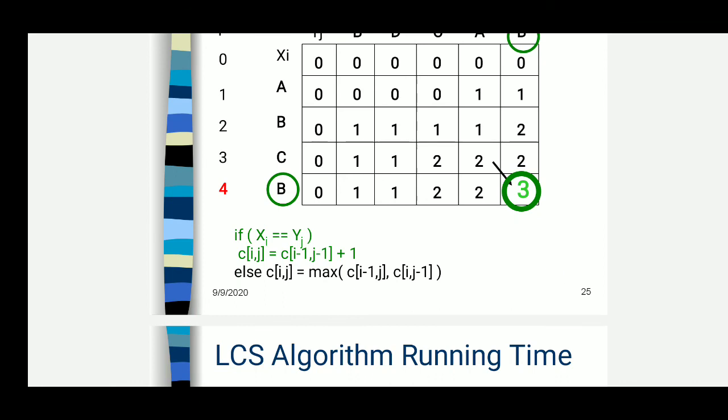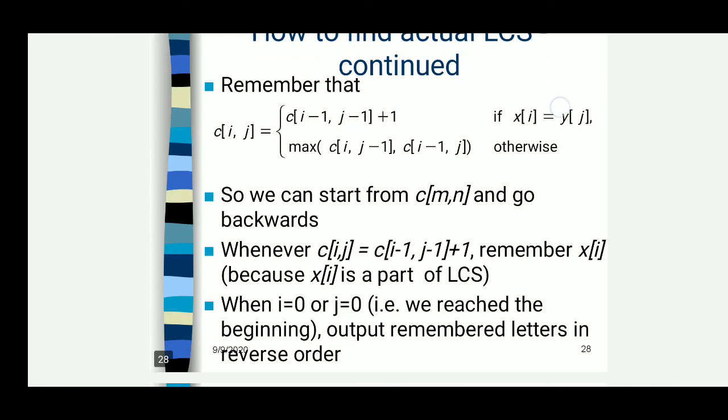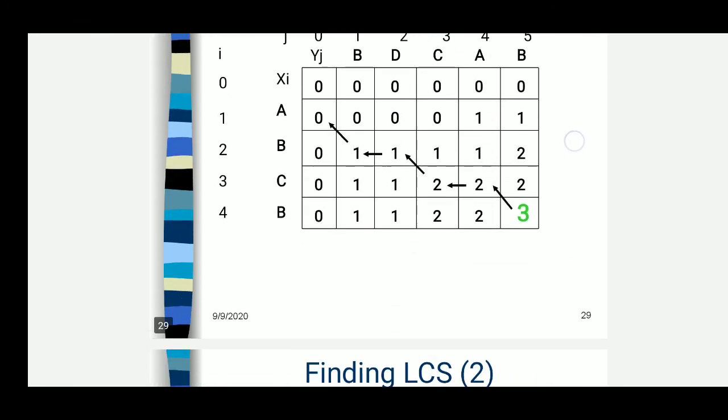Here you can see that 3 is computed from the diagonal value. Now B and B will be the last character in the LCS.